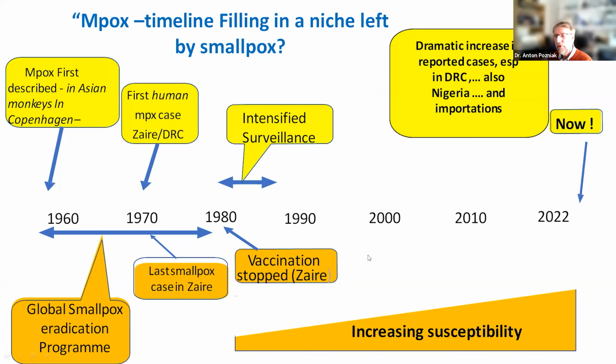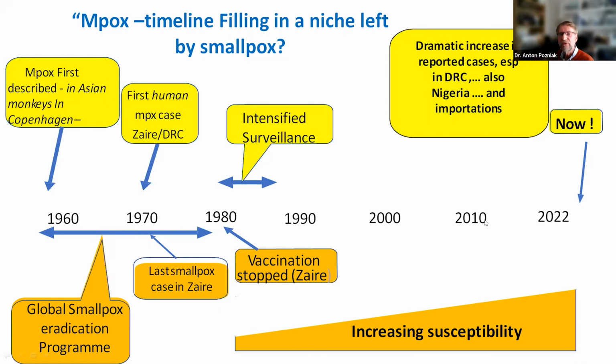So if you look at the timeline from the global smallpox eradication program here in the 1960s, it finished in the 1970s. And then what happened was that you can see here in 1980, when the vaccination stopped, there was a hiatus.